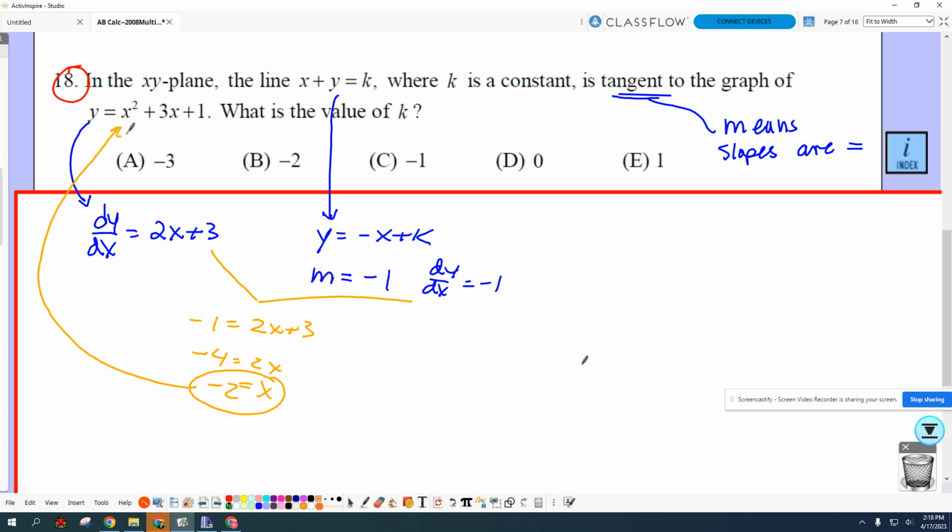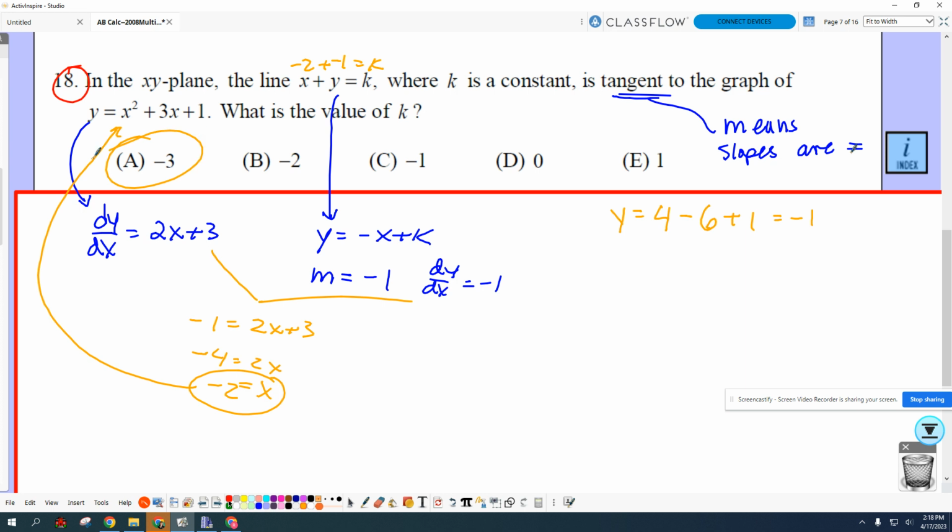Absolutely. Find the y value. Y equals -2 squared plus 3 times -2 plus 1, to get -1. And holy crap, we're still not done. Then we plug in the x and the y. So x plus y equals k.